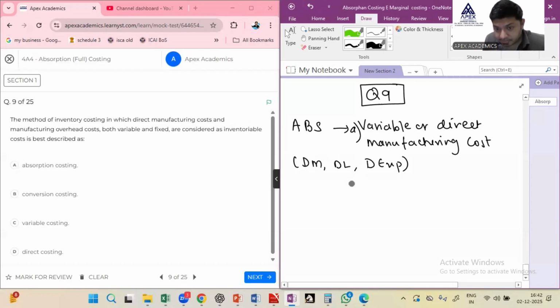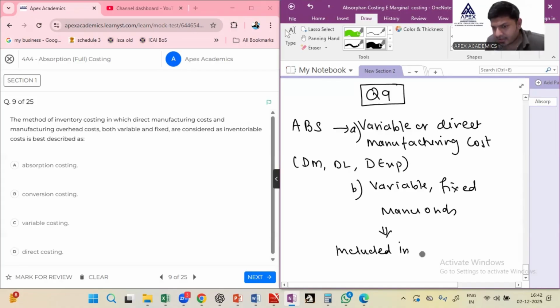Point number A. And point number B, both the variable as well as the fixed manufacturing overheads, both A and B, are included in the valuation of the closing stock of finished goods.